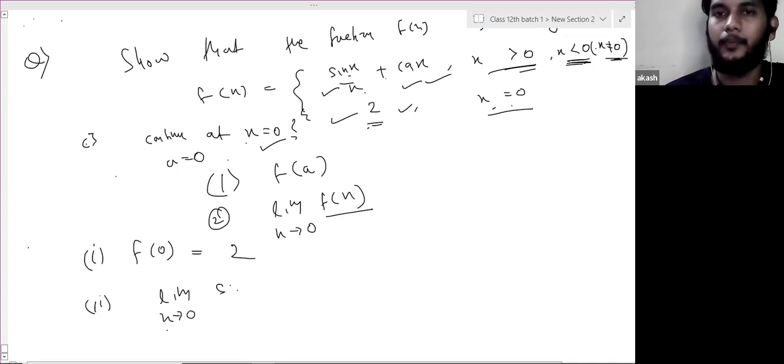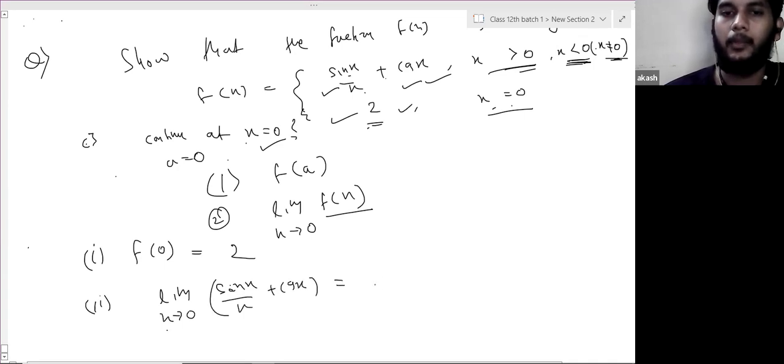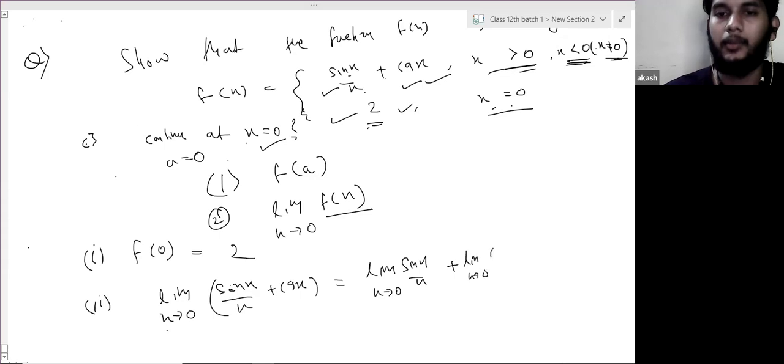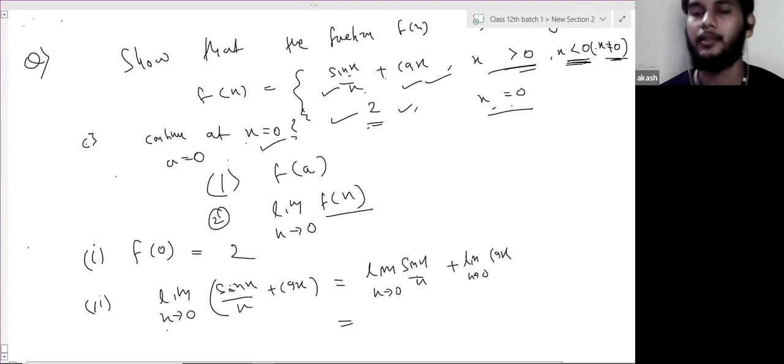If this is tending to 0, sin x upon x plus cos x. So we can break this down. This is limit x tending to 0 sin x upon x plus limit x tending to 0 cos x. So we have already seen this. Sin x upon x is 1 plus cos 0 is 1.